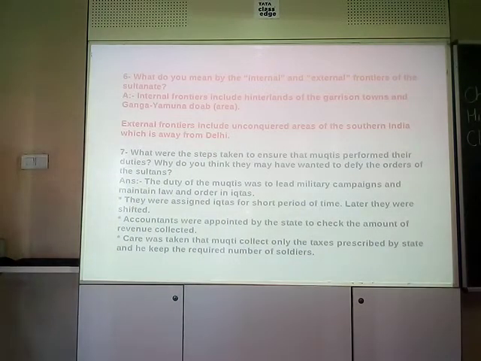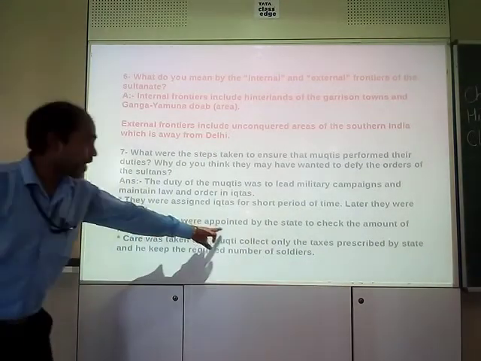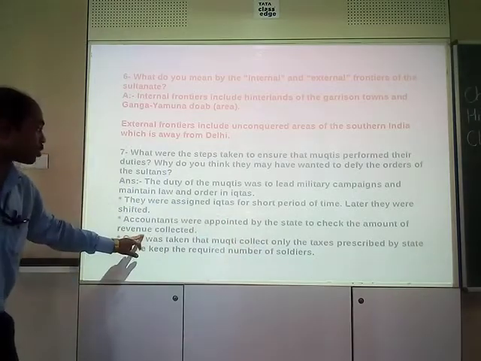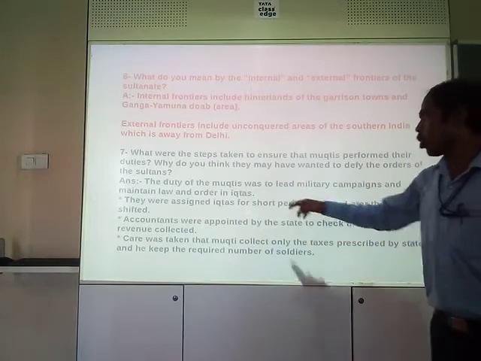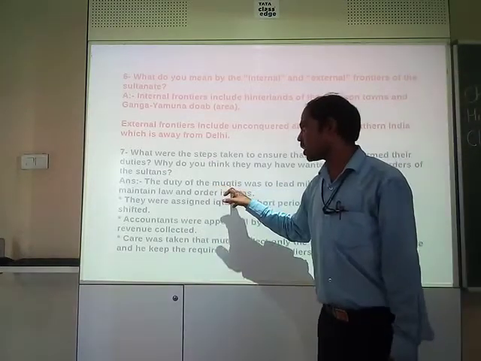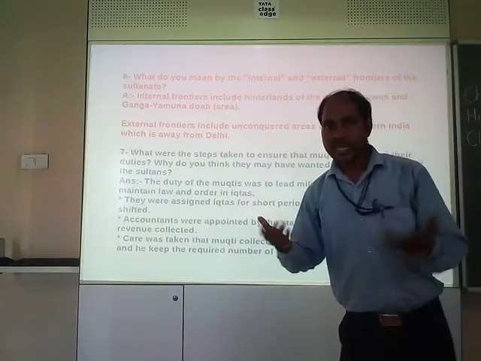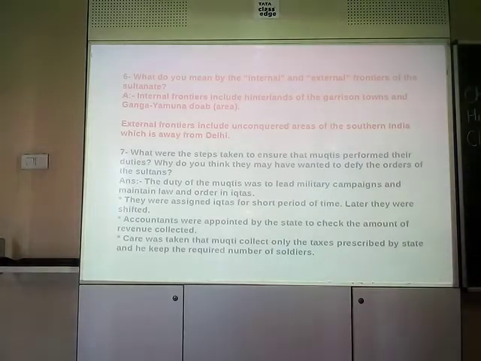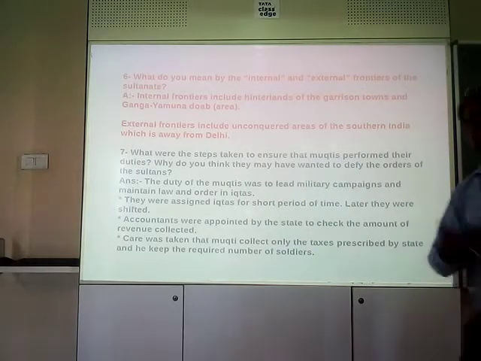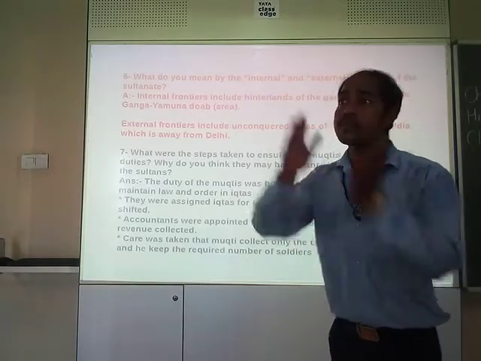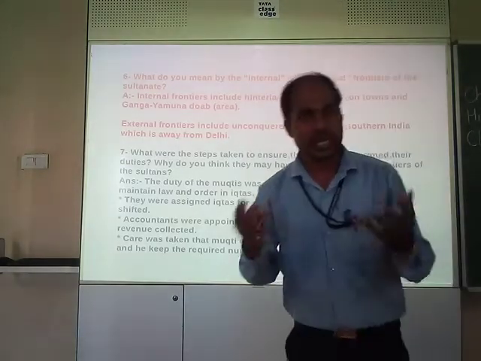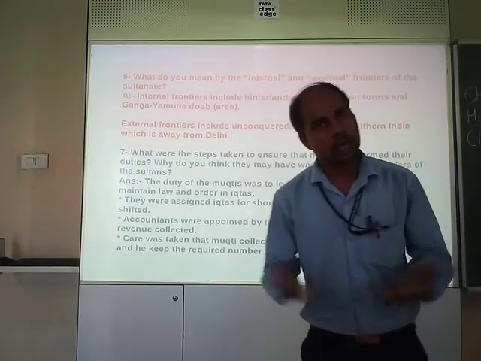Now the second thing was that accountants were appointed. Mind you, accountants were appointed by the state to check the amount of revenue collected. The Muktis also have the duty of collecting the revenue, right? Suppose 500 dinars are collected and they give only 200 dinars, saying this is the only collection.